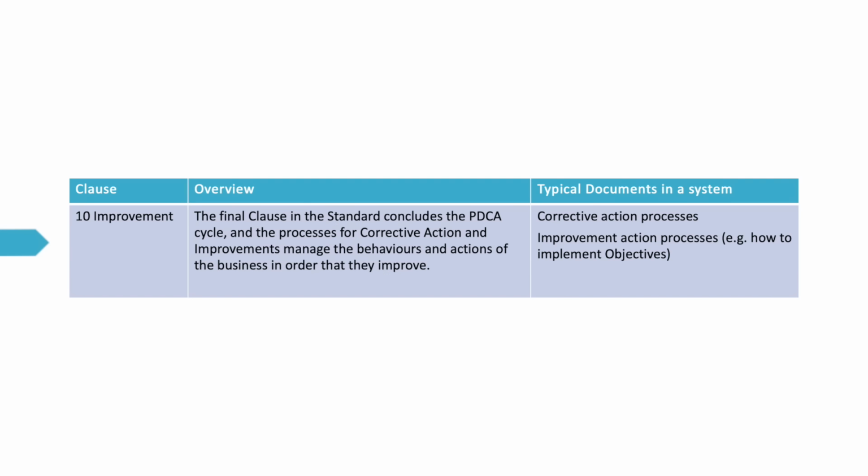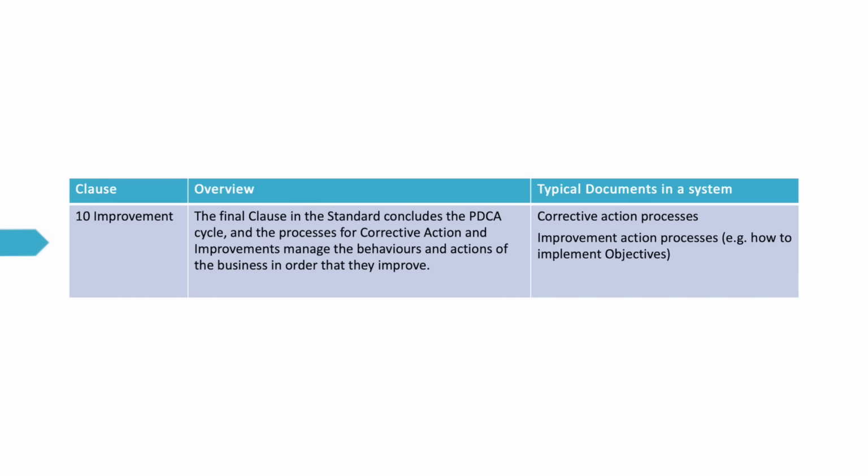So now we've looked at planning, we've looked at doing, and we've looked at checking. Now let's look at acting, which in the ISO 9001 standard is Clause 10 for improvement. This final clause in the standard really concludes the Plan, Do, Check, Act cycle and puts the processes for corrective action and improvements in place.